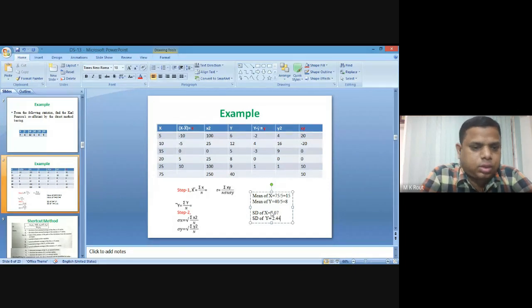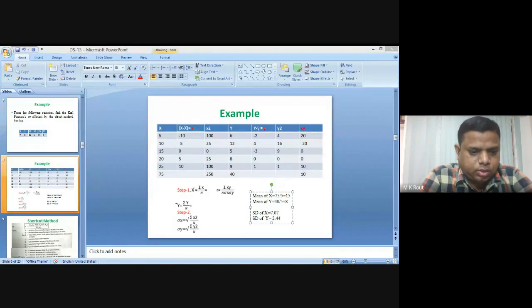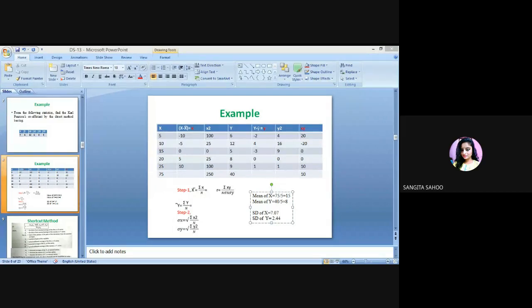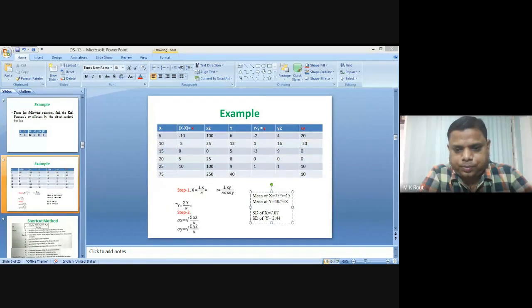No issues. And let's check who have already finished in case of calculating the Karl Pearson coefficient. Sangeeta Sahu, what is your answer for standard deviation of x and y? The standard deviation of x is 7.07 and standard deviation of y is 2.44. Okay.